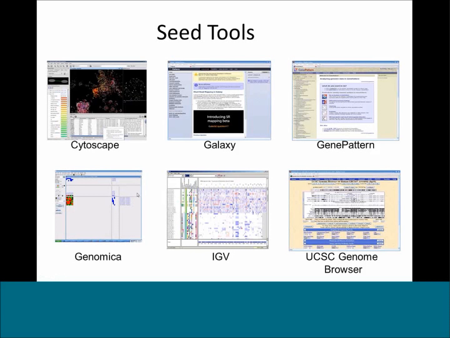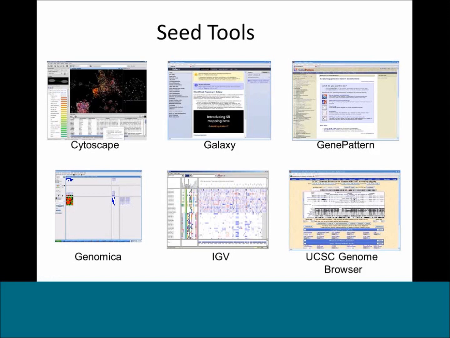Genomica provides the analysis and identification of module maps and co-regulated modules of genes from gene expression data. IGV is the Integrative Genomics Viewer, and this provides the integrative view of genomic-based information, and any genomic-based information can be visualized and manipulated in IGV. And the UCSC Genome Browser is the standard way of viewing genome tracks from all of the currently published and available genome data.